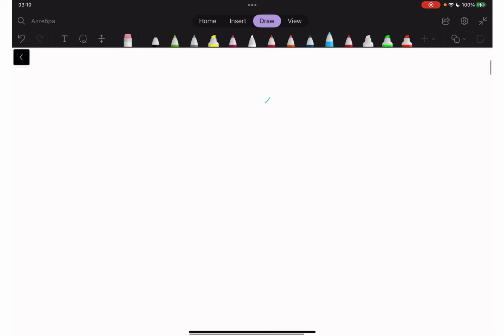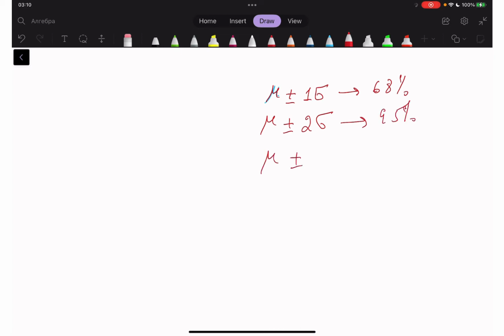Mu plus minus 1 sigma, it's 68%. Mu plus minus 2 sigmas, it's going to be 95%. Mu plus minus 3 sigma, it's going to be 99.7%.